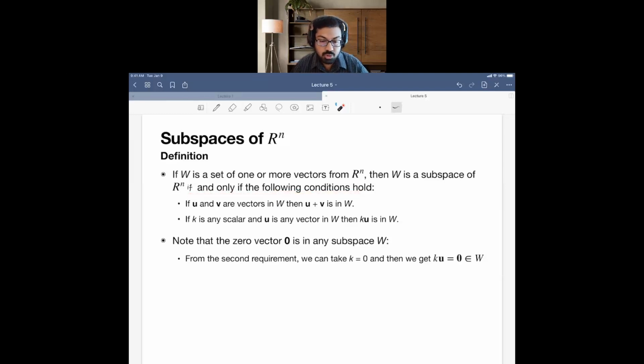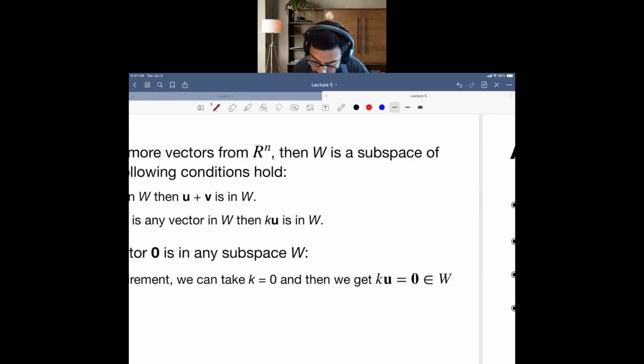So if something has to be a subspace, then it has to satisfy these two criteria. And these two are closure properties, essentially. Let's take a look. U and V, if they are vectors in W, and we are talking about W being that subspace, if U and V are vectors in W, U plus V is closed in addition, right? So let me just write that.